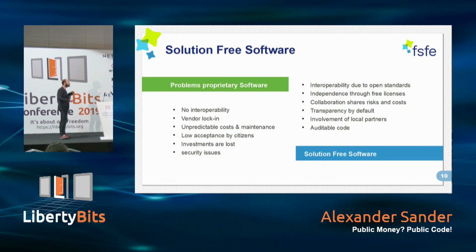For example, cities can work together, ministries can work together, governments can work together and can share risk and costs. And it's very transparent by default, which is good for our democracy. And you can involve local partners, which is good for your local economy. And you have auditable code, which makes it way more secure than a proprietary solution, because everybody can have a look in the code and can find backdoors.